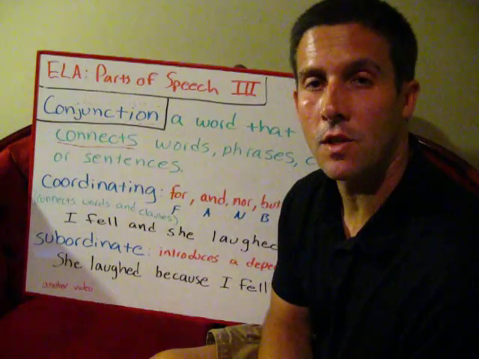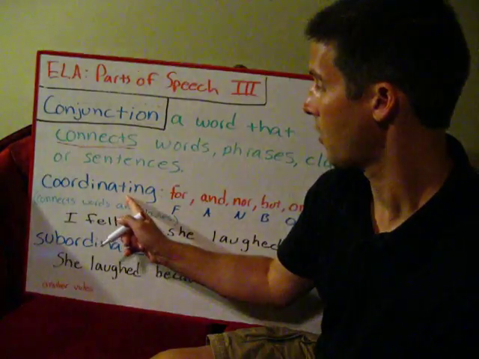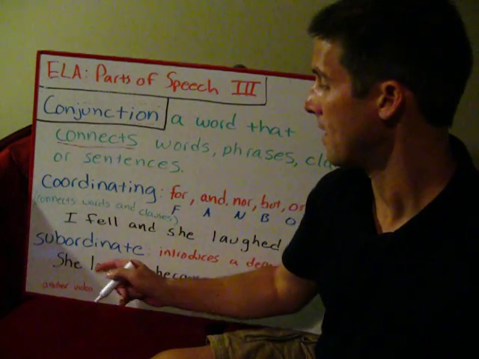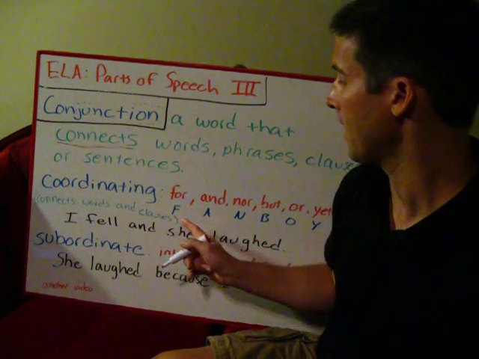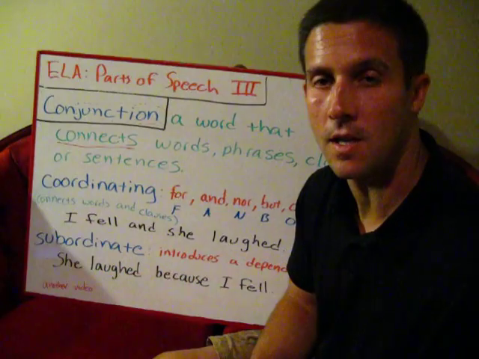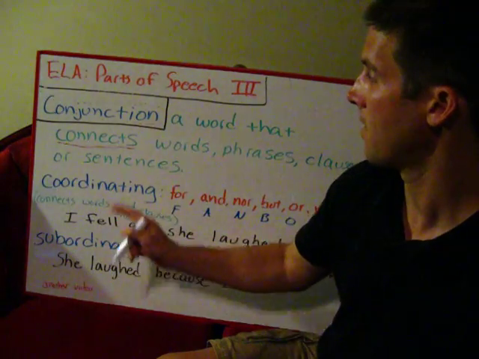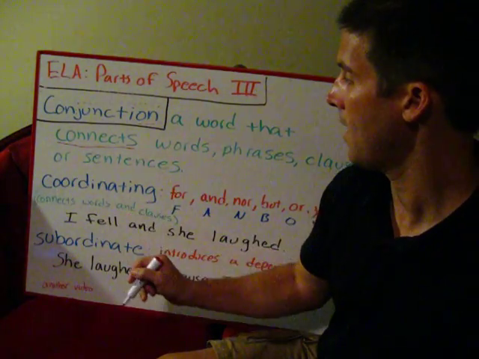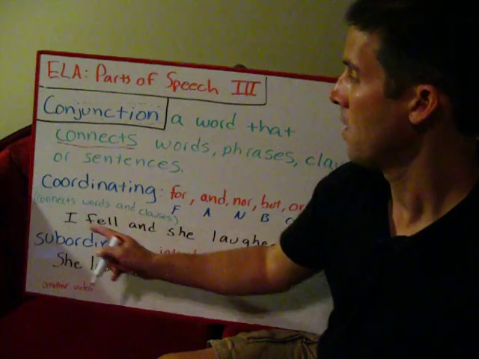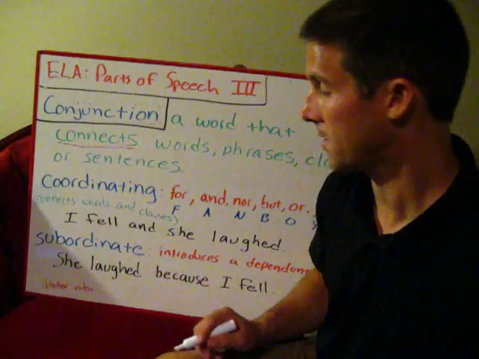The one thing I want you to learn now is two types of conjunctions. They are coordinating and subordinate. Coordinating I can explain right now. Subordinate would take a whole other video because there's more information needed to know. But you may want to write this down. Two types of conjunctions. Coordinating. The coordinating conjunctions connect words and clauses.